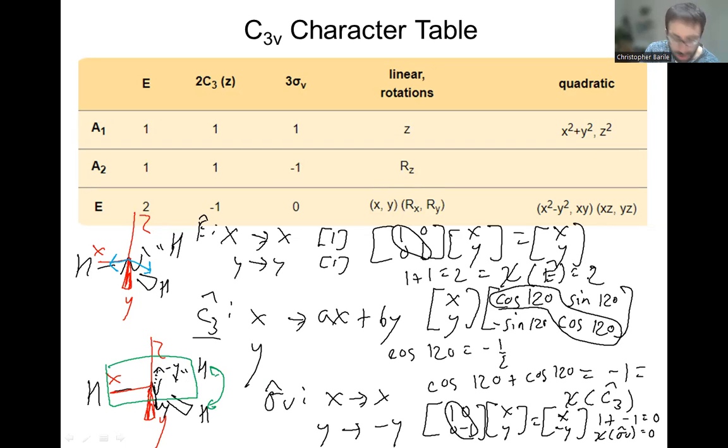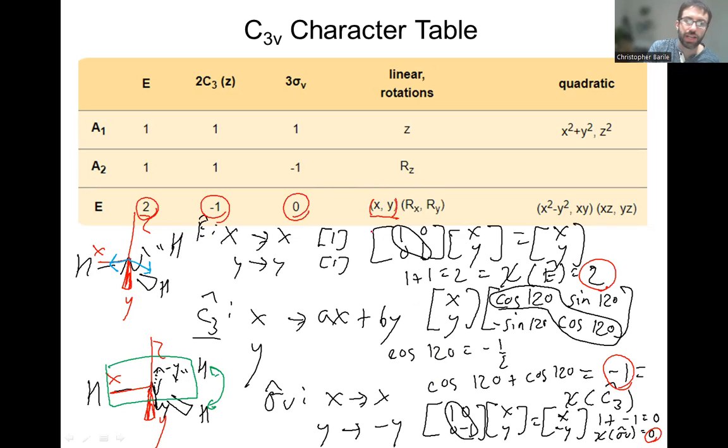And lo and behold, what do we get? We got character 2 for identity, character of -1 for C3 class, and a character of 0 for the sigma v class. So in essence, we proved right now that the functions x and y transform together. That's why we have these parentheses here.